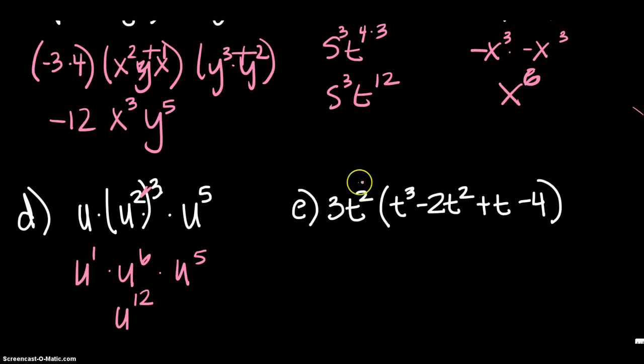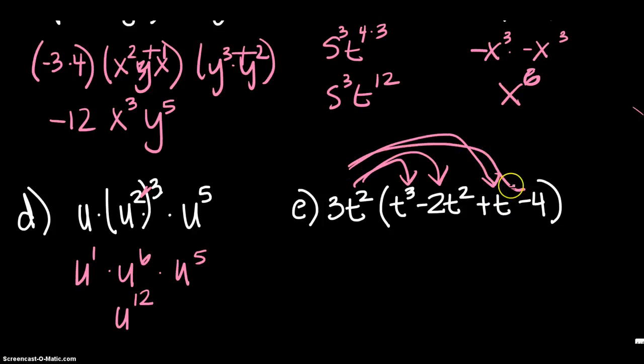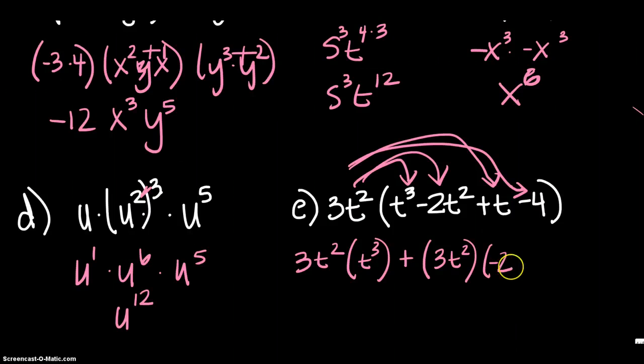All right, next one. I have to distribute that 3 to all of these lovely, wonderful 4 terms. All right, so if I write it out, 3t squared times t cubed plus, I'm going to put it in parentheses now, 3t squared times negative 2t squared plus 3t squared times t, and then the other one I'll write out in a second.